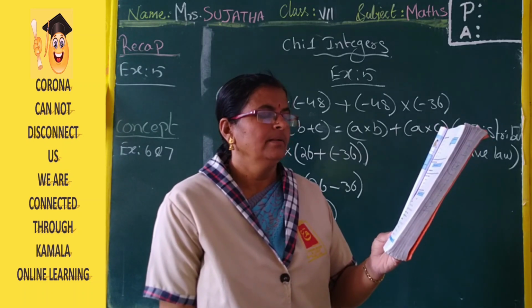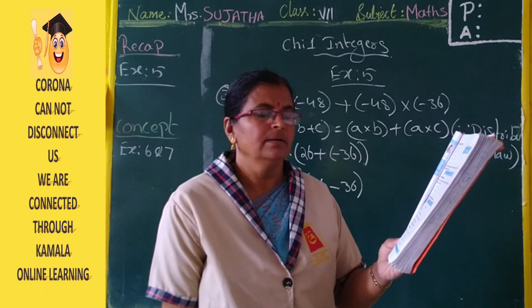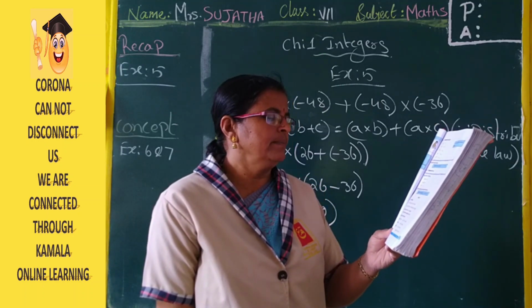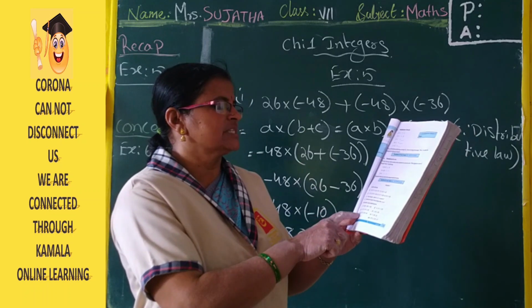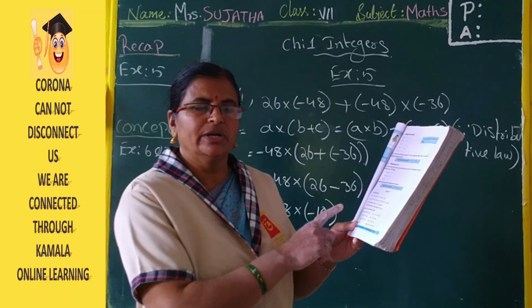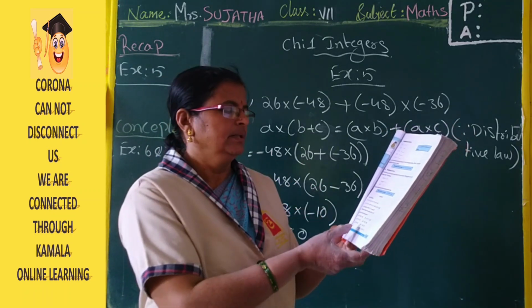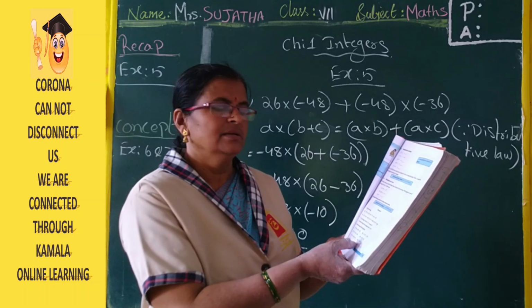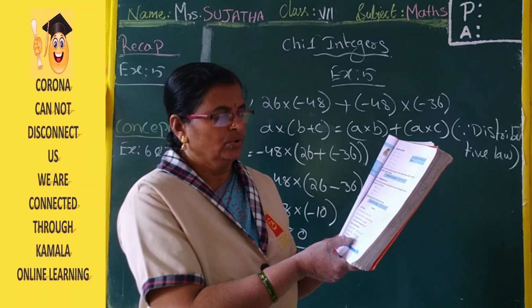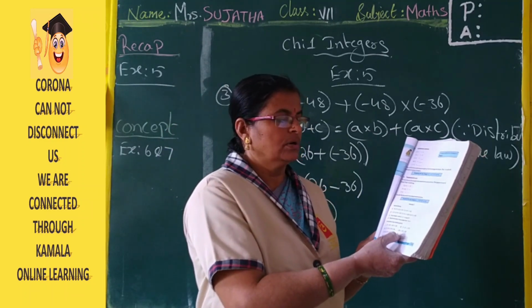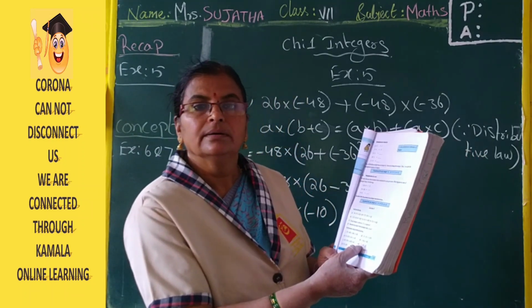Fourth one, closure property under multiplication. Fifth one, again 625, 625 two times, so it is the distributive law again. Then the sixth one, associative property? No, not associative. Commutative property under multiplication.